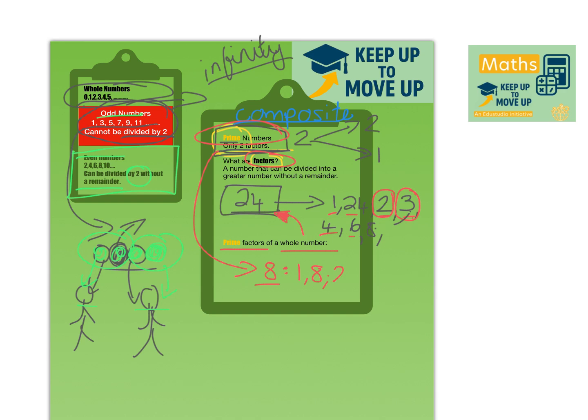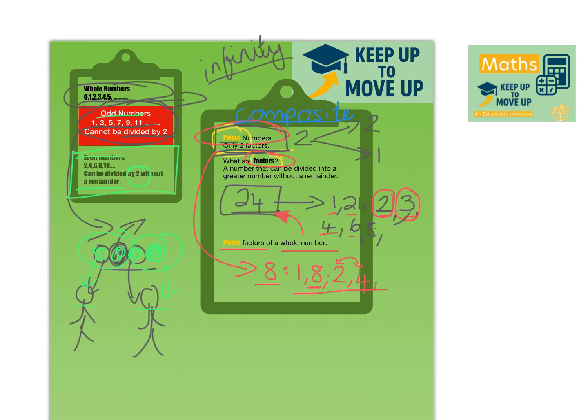Is 2 a factor of 8? Yes, it is, because it can be divided into 8 4 times. That's your second factor pair. 5 is not, 6 is not, 7 is not. And when we get to the duplicate 8, we know that we've completed the list of factors of 8.